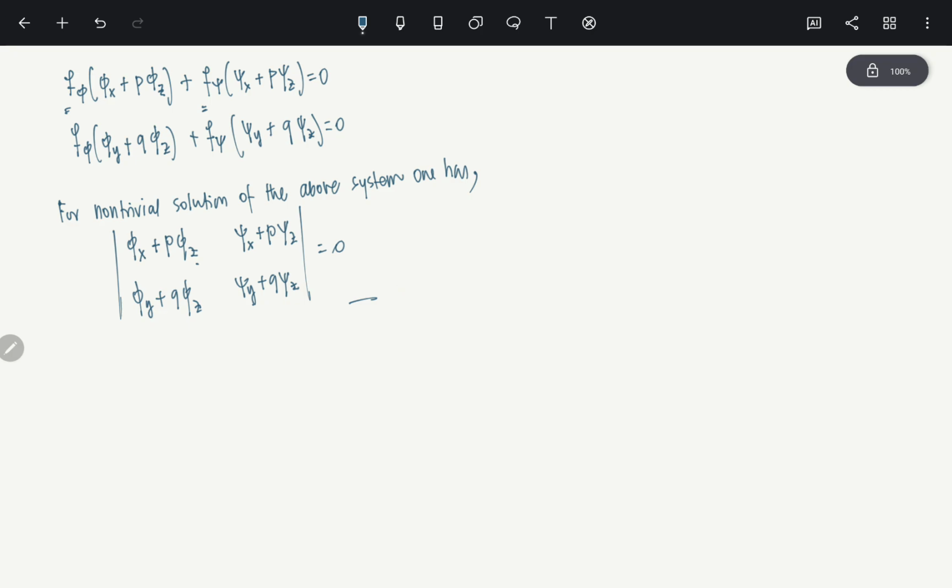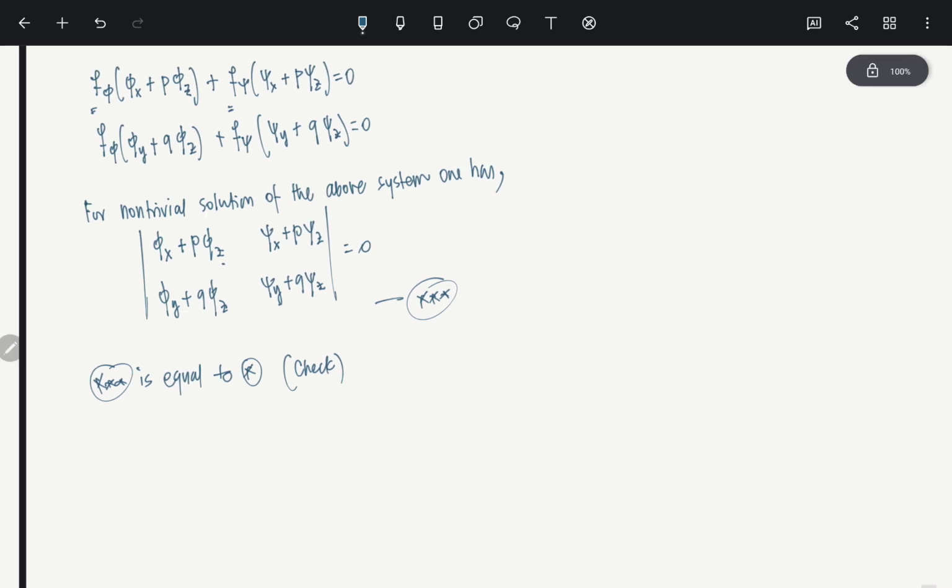Maybe I can call this thing triple star. So triple star is equal to star. Please check this part. You just have to multiply those two and put it together and you get this equation. So this is how you get the first order equation.